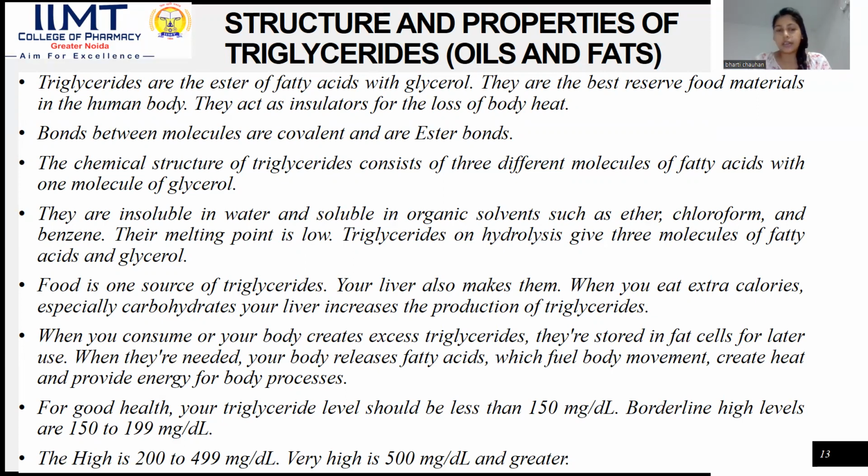For good health, the triglyceride level should be less than 150 mg per deciliter, and the borderline will be 150 to 199. The triglyceride level should not be higher than 200, or if this proceeds, then you can be seen having a variety of health issues.